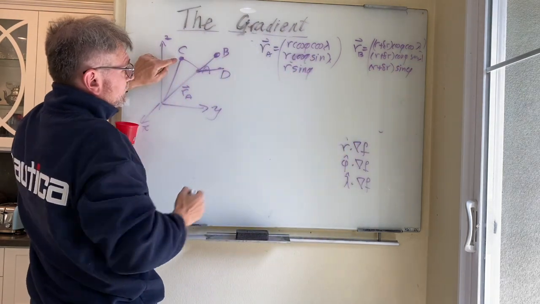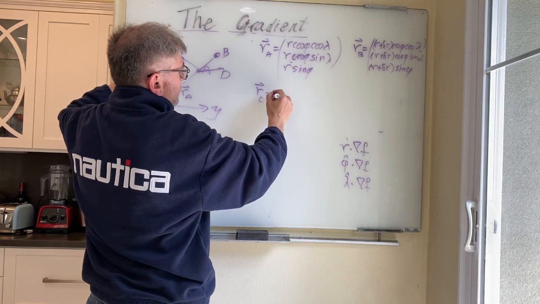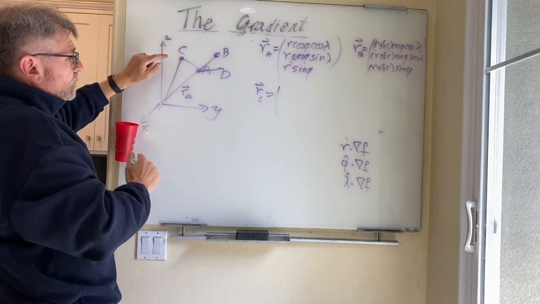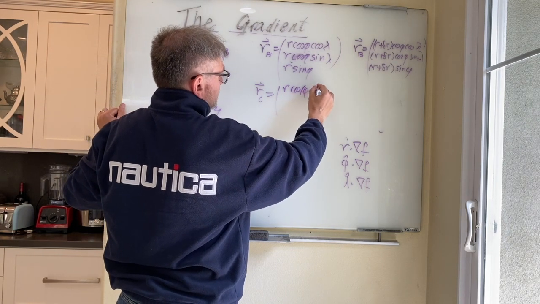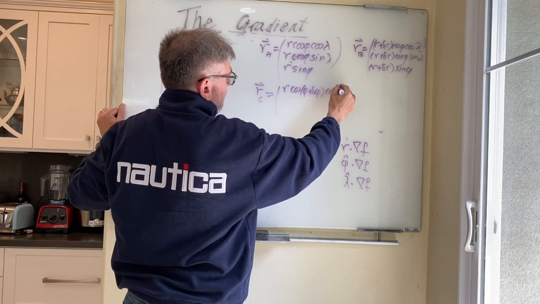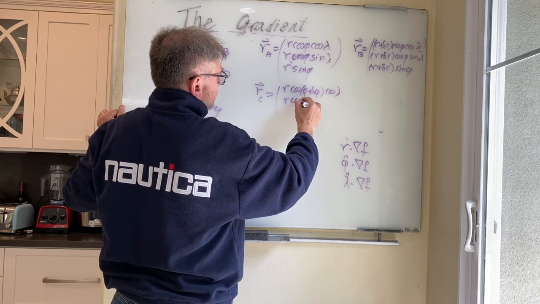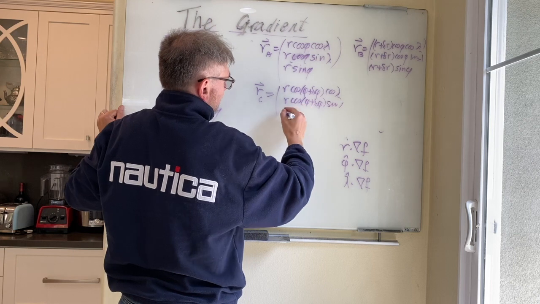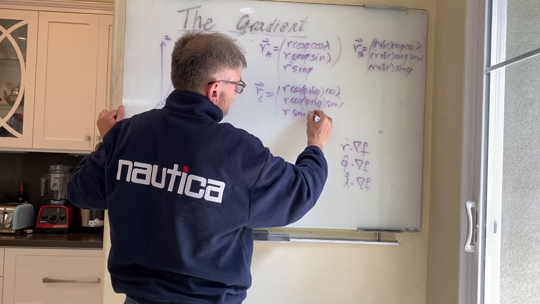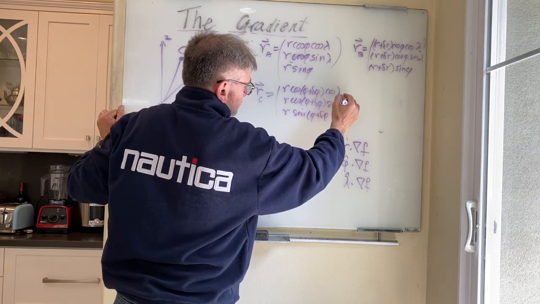The point C, RC, will just be the one where I perturb the phi coordinate. So this will be r cos(phi plus delta phi) cos lambda, r cos(phi plus delta phi) sine lambda, and r sine(phi plus delta phi).